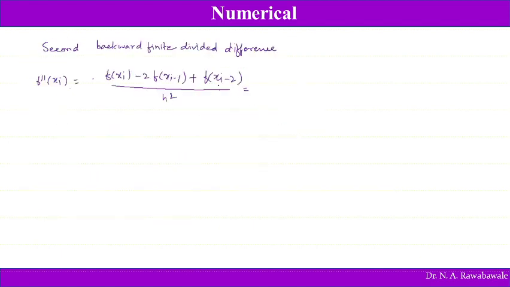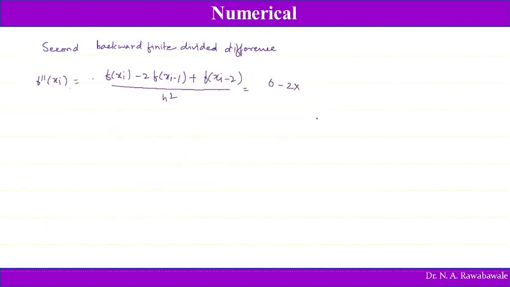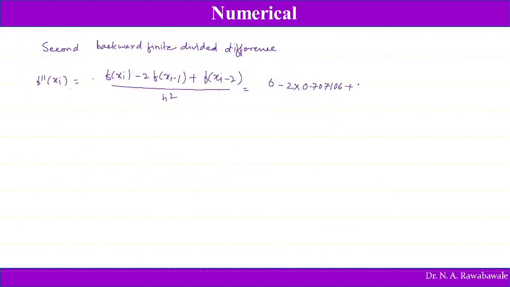So here this is first 0 minus 2 into f of xi minus 1. F of xi minus 1 is 0.707106, plus f of xi minus 2. F of xi minus 2 is 1. So plus 1 divided by h square. H value is pi by 4 square.